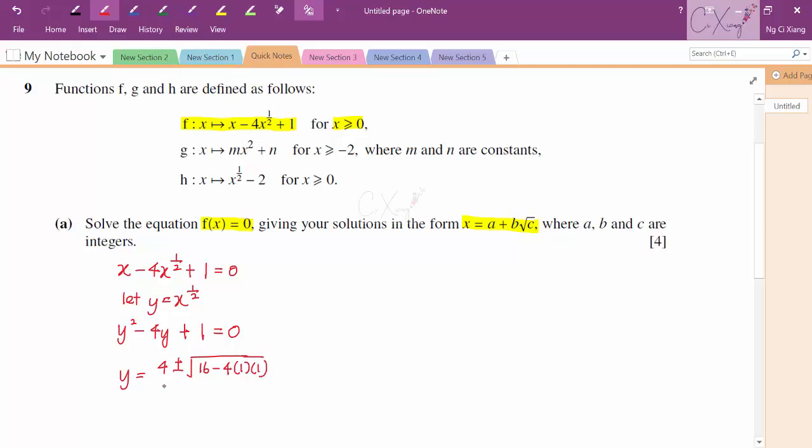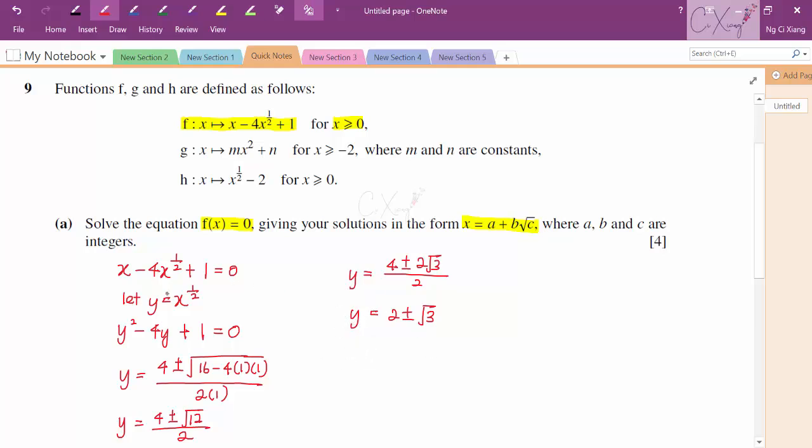Simplifying further, I have square root 12, which I can simplify to 2 square root 3, divided by 2. Therefore I have 2 plus minus square root 3.